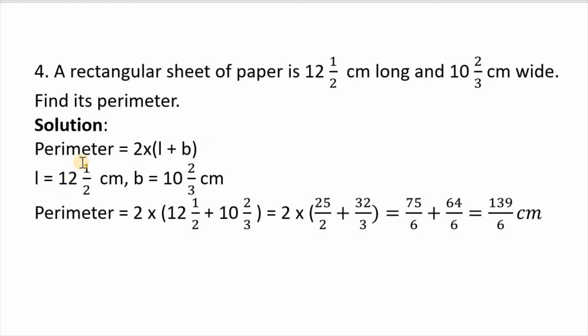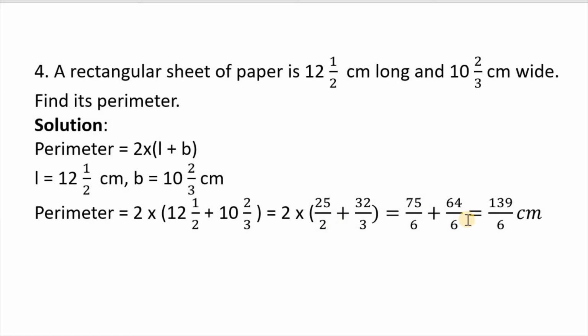So the length is given to be 12.5 centimeters and breadth is given to be 10 2 by 3 centimeters. So for us to find the perimeter, we need to calculate 2 into 12.5 plus 10 2/3. How do we add these two? We need to change them into improper fractions first. So 12.5 is 25 by 2 and 10 2 by 3 is 32 by 3.